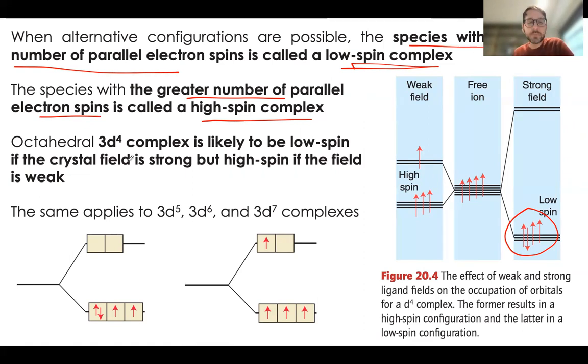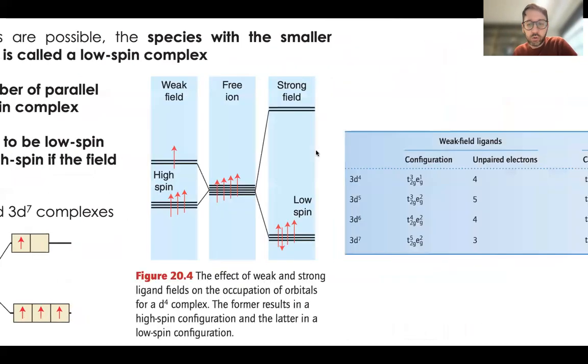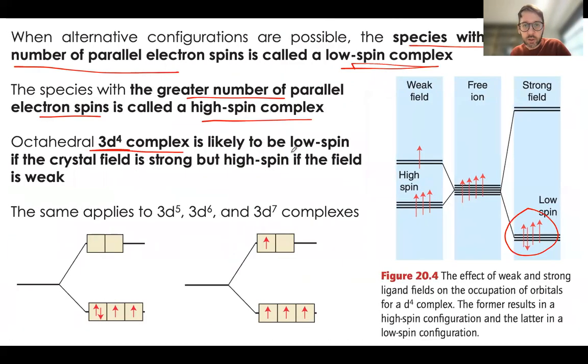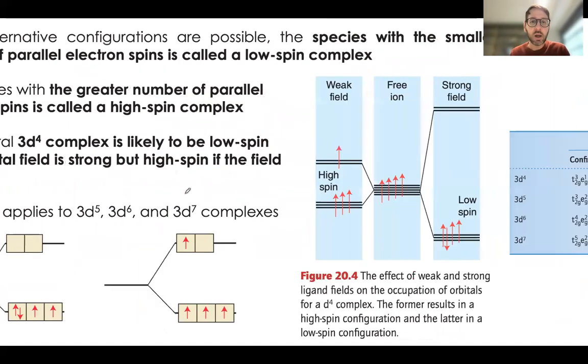So we can say that octahedral 3d4 complexes are likely to be low spin if the crystal field is strong, but high spin if the crystal field is weak. And the same applies to 3d5, 3d6, and 3d7 complexes.